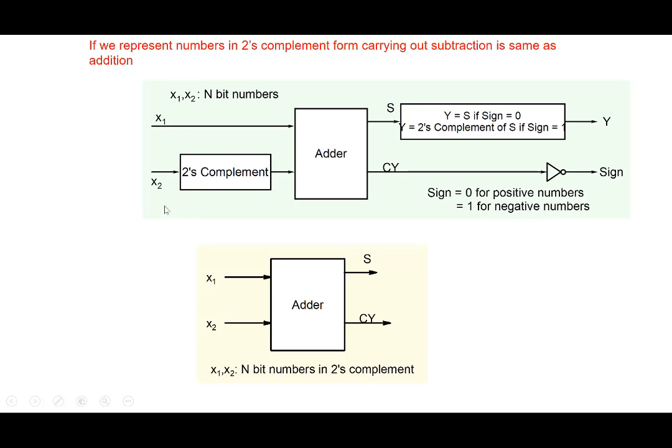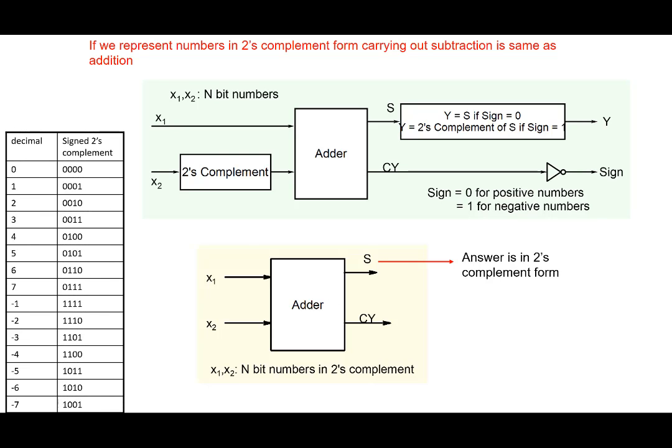So you don't need a separate block. What we are saying is that x2 is available in the twos complement form here. So x2 is a negative number and is available in twos complement form here. x1 is a positive number available in twos complement form here. And so if you work with twos complement, then the adder circuit itself will do addition, subtraction, whatever. Addition and subtraction are the same things here. The answer also you will get in twos complement form here.